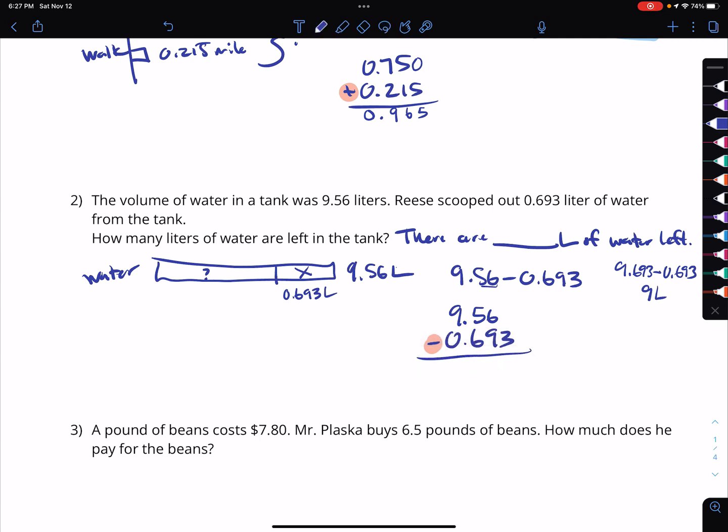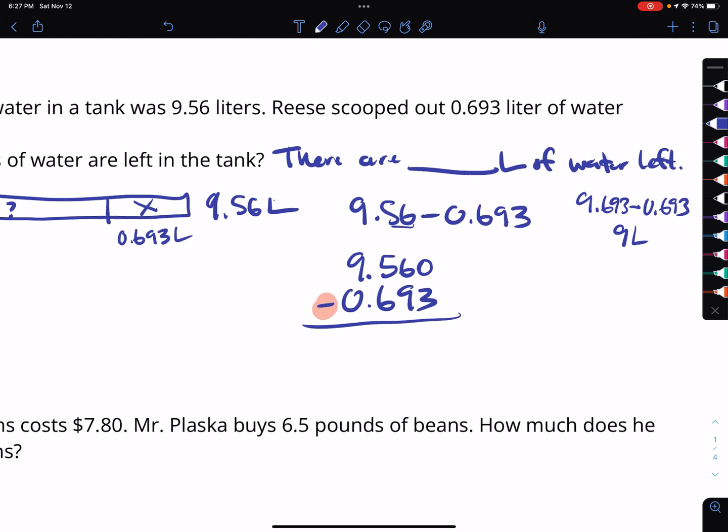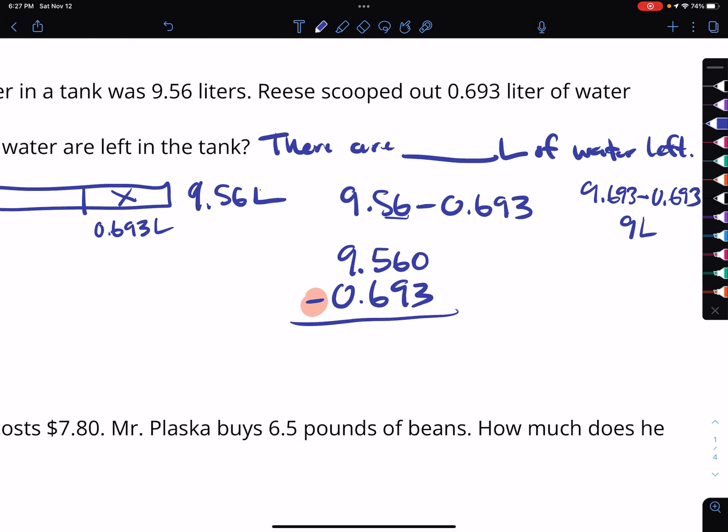And I do know that 56 hundredths is equivalent to 560 thousandths. Now I'm a fan of doing all of my regrouping first, just so I don't make a mistake there. I get in that mode and I'm ready to go. So starting with my thousandths place, if I'm starting with 0 and subtracting 3, I don't have enough. So I'm going to take one of those hundredths and turn it into thousandths. Now that leaves me with 5 hundredths, and I'm subtracting 9, so that's not going to work out.